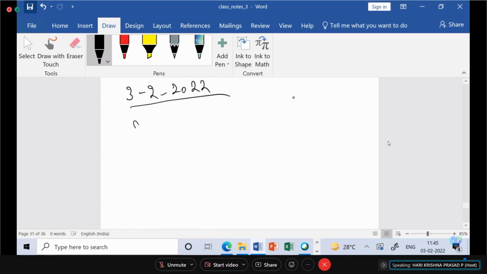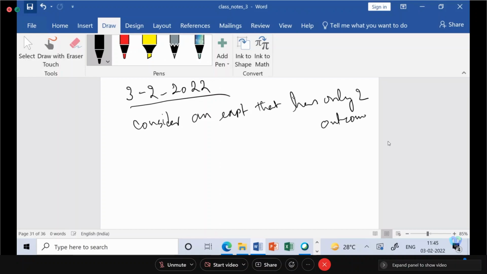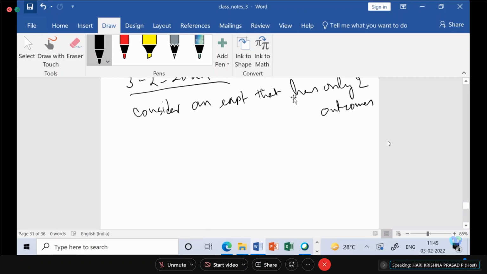Consider an experiment that has got only two outcomes. Two outcomes, right? So when I have only two outcomes, I call one outcome the desired outcome, the other one the other outcome.